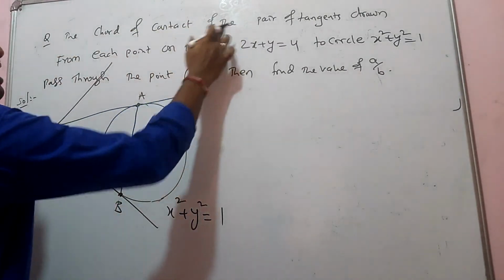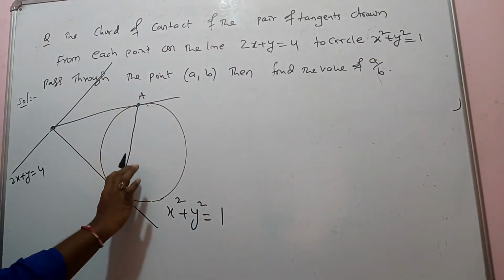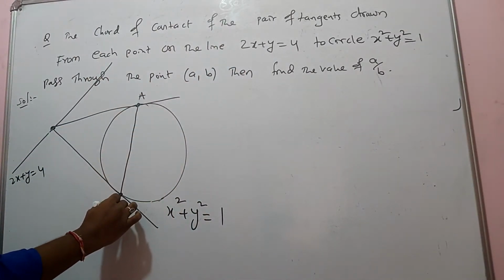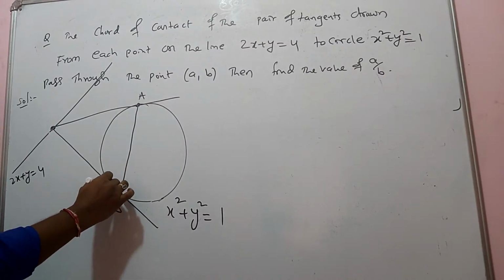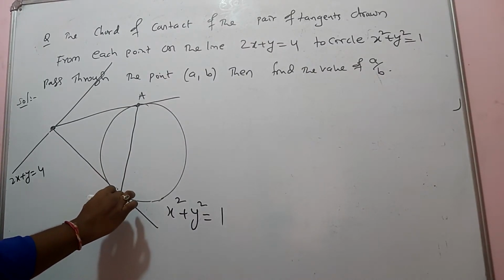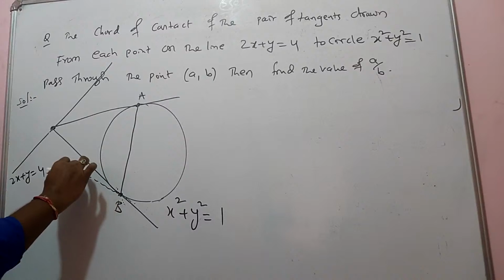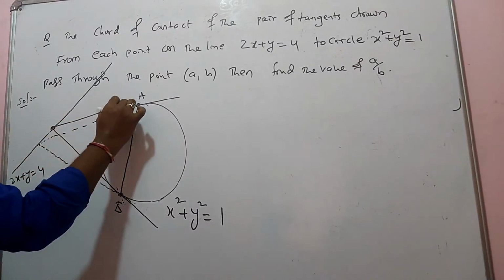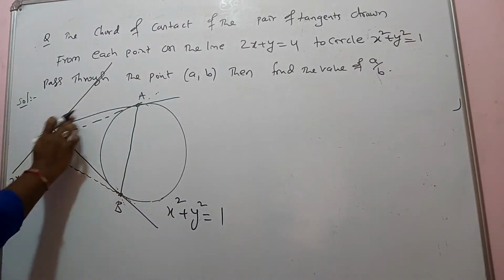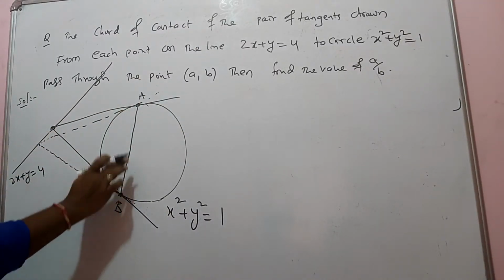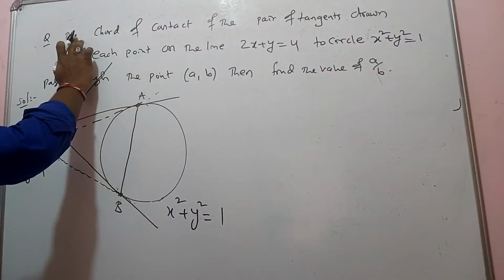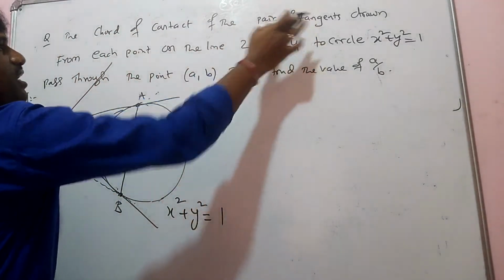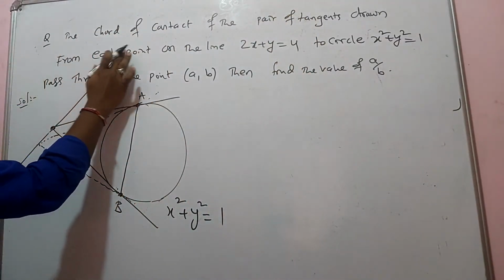The chord of contact of the pair of tangents means the chord of contact from this point here. I can draw another pair of tangents from another point, like this. I can join like this also. This is also one more pair of tangents. So it is saying the chord of contact of the pair of tangents drawn from each point.